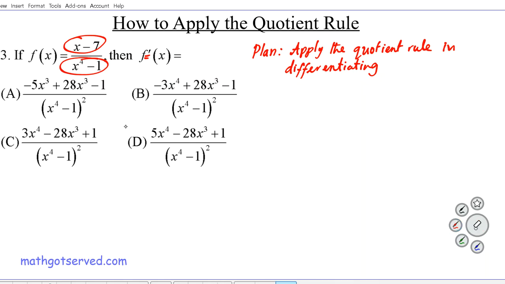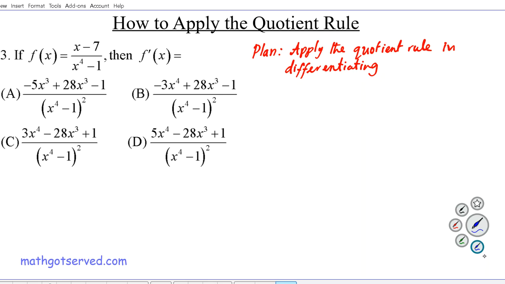Okay, in certain cases you have the quotient of two functions, but just by simply rewriting it, it will be possible to avoid using the quotient rule, either by simplifying. Okay, then you can do that. In this particular case, simplification is not an option, so we have to use the quotient rule.